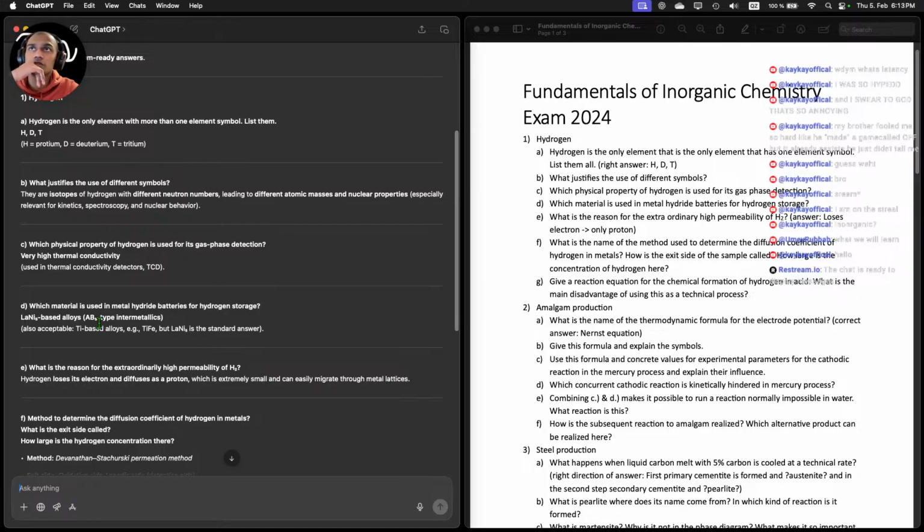Which material is used in metal hydride batteries? Yeah, basically the question would be, do you find this lag annoying? Why did I say that so late?